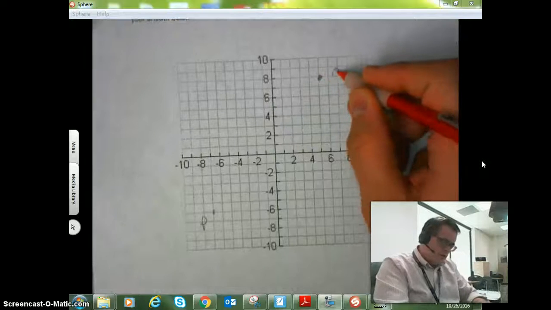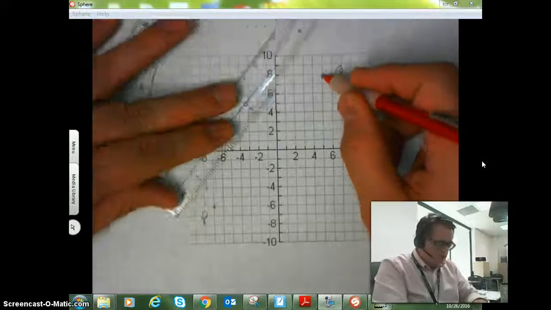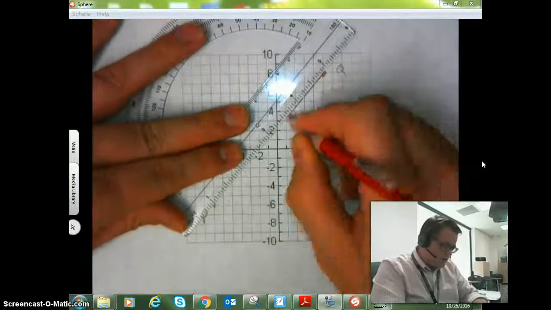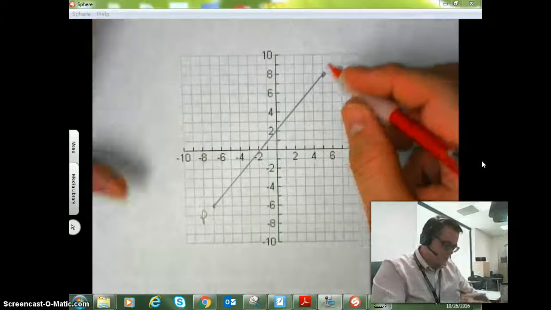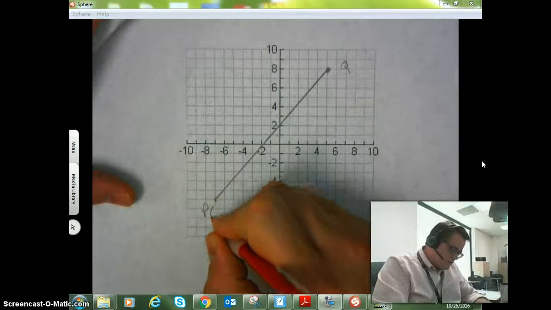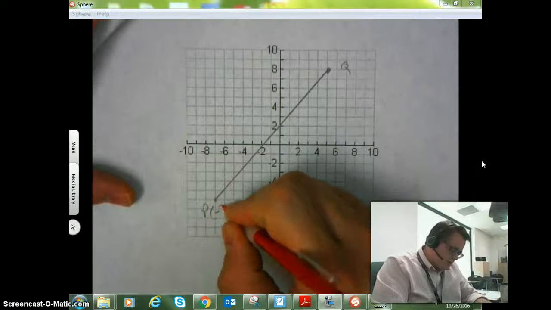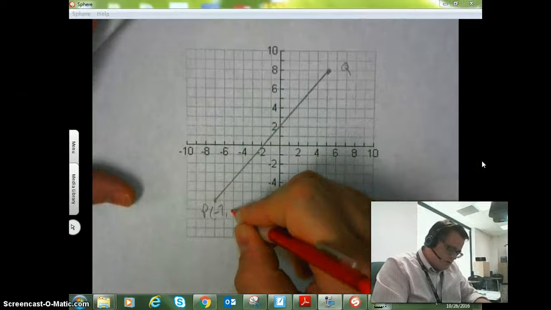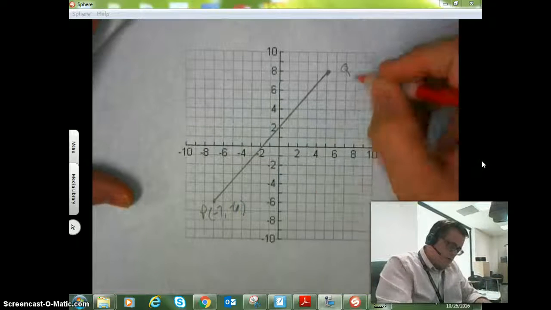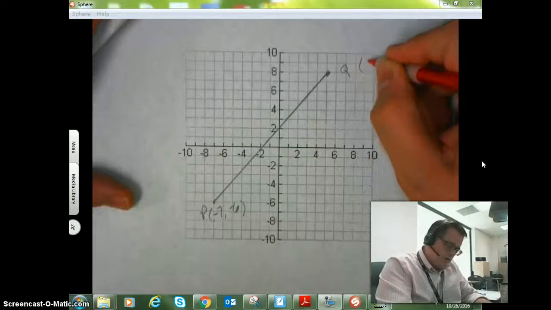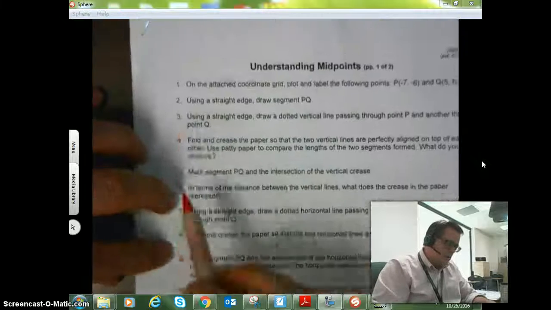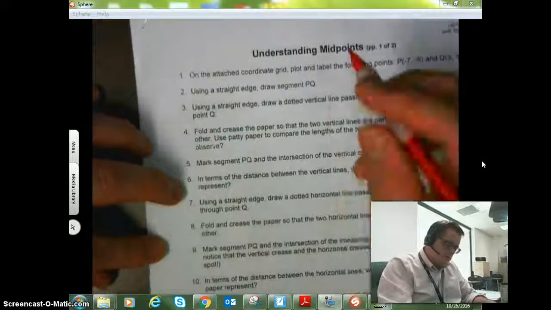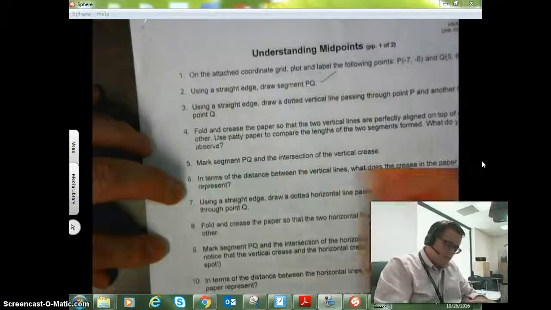And there's point Q. So we're taking my straight edge here, and we're going to do like so. If we want to, we can say -7 and -6 here, and here we can say 5, 8. Not necessary to label it there, but I'm going to go ahead and do it. So we've drawn segment PQ, we're good there.